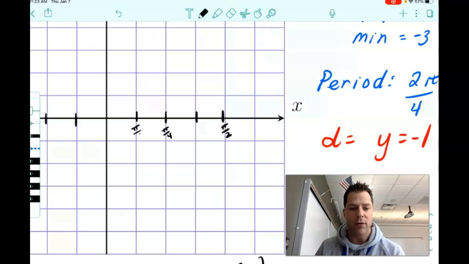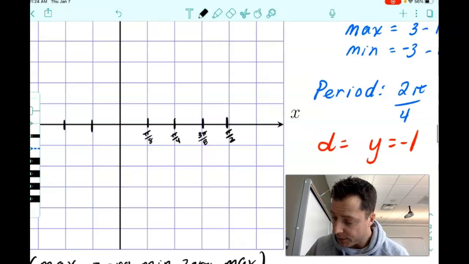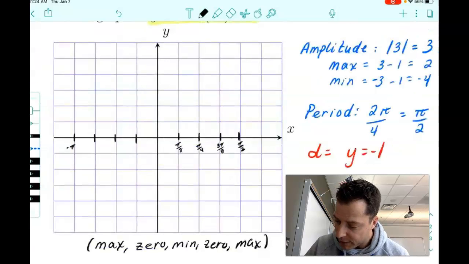Broke it up into 4 equal pieces, so it's an eighth, an eighth, an eighth, so this is 3 pi over 8. And we can do the same thing on the other side, just making them negative: -pi over 2, -3 pi over 8, -pi over 4, and -pi over 8.